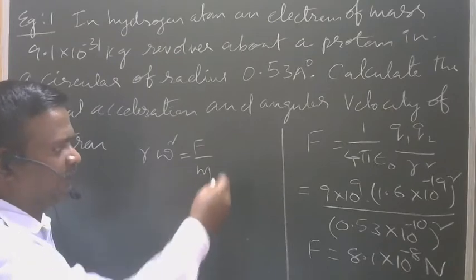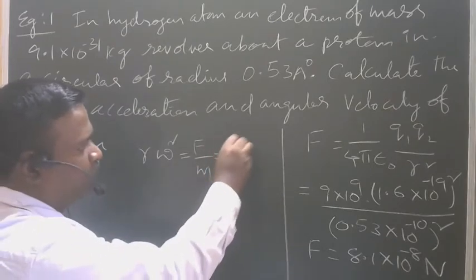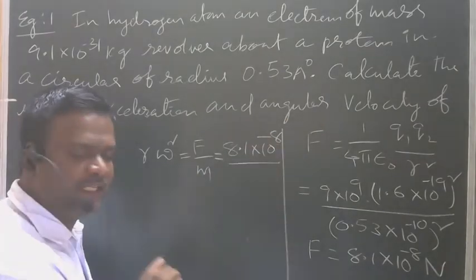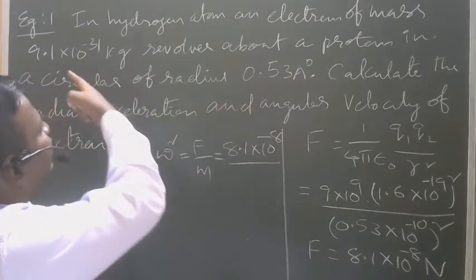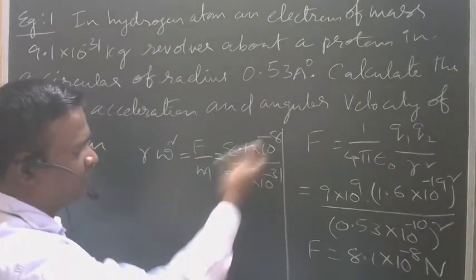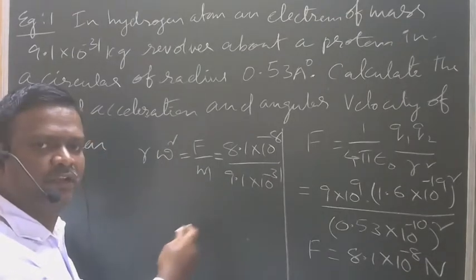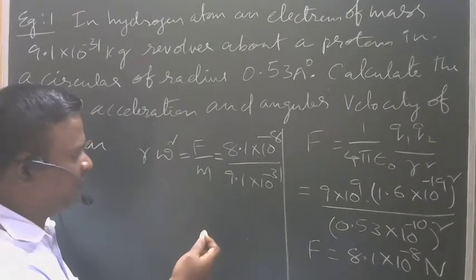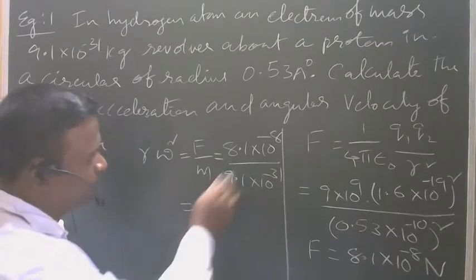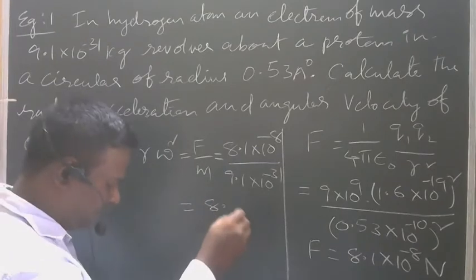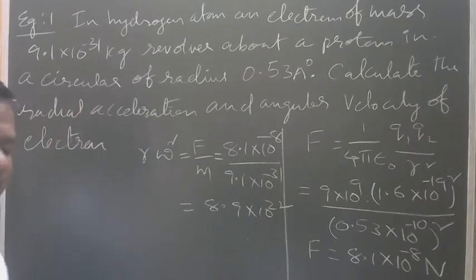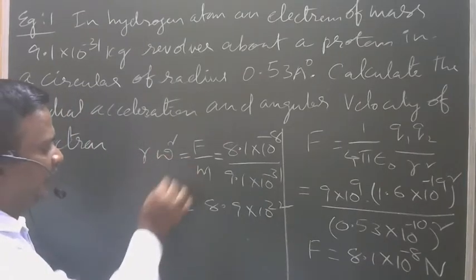The force is 8.1 × 10^-8, divided by the mass, already given as 9.1 × 10^-31. If you cancel, you get r omega squared, the radial acceleration value, which is 8.9 × 10^22. This is the radial acceleration.